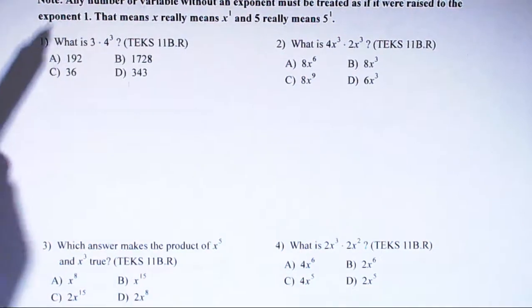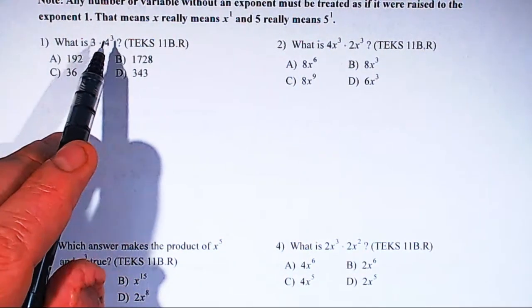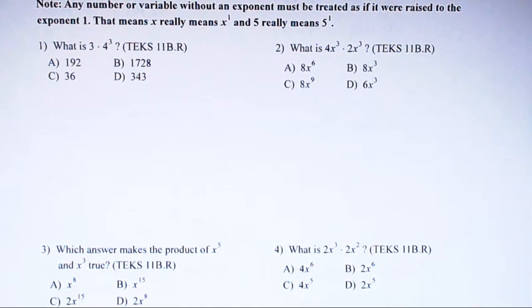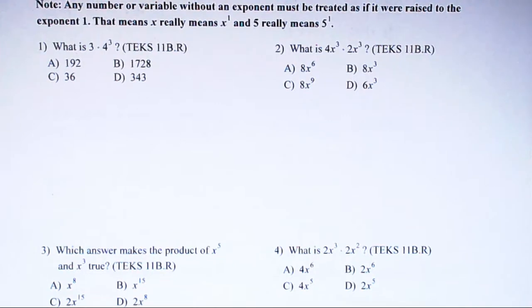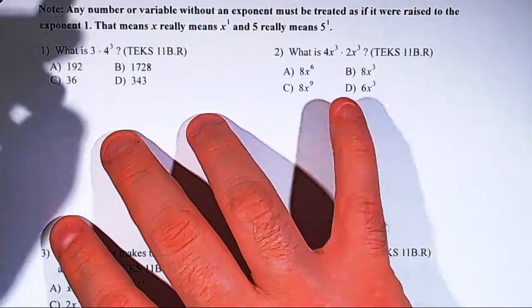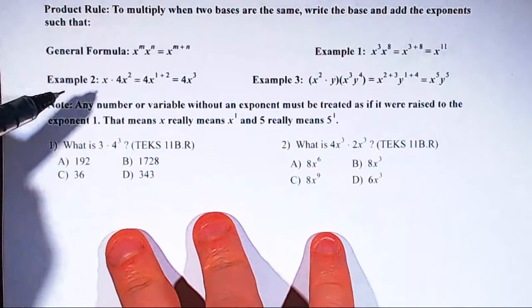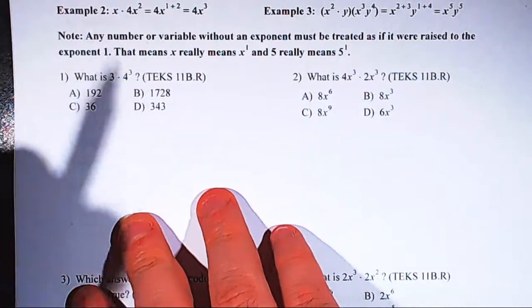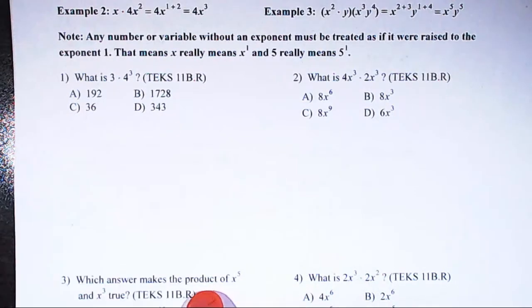What is 3 times 4 cubed, or 4 raised to the third power? As we apply these exponent rules, this first problem here is more of a check to make sure that the student understands that even though a lot of the manipulations involve variables, we can't forget how to square, cube, and raise to various powers, just regular numbers.